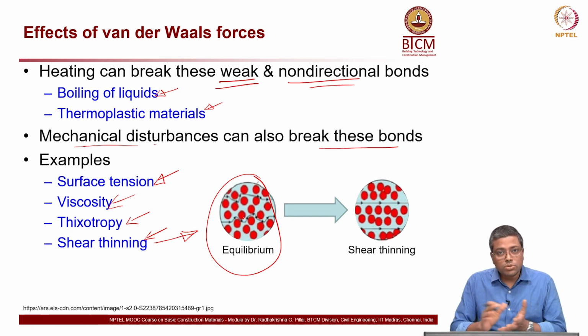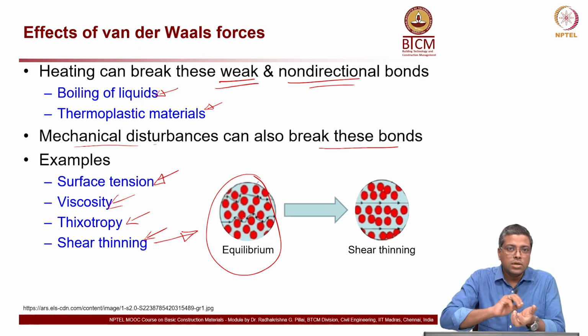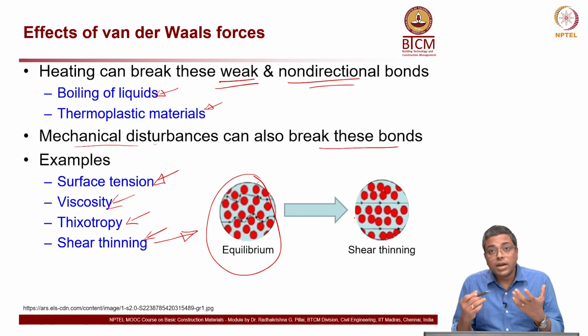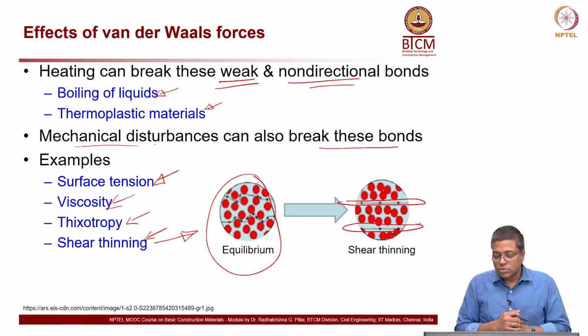Now, when I try to disturb the material, let us say you take an example of a pudding, you try to disturb it, so the material starts breaking. And where does it break? That breaking is happening along these lines. You can see here, these are the two lines in this example where that breaking happens.